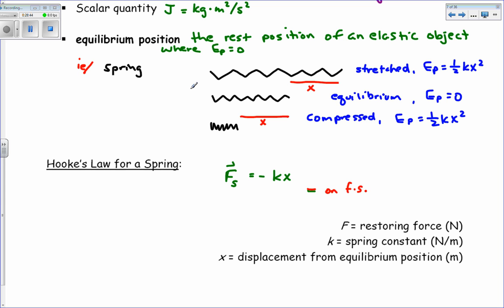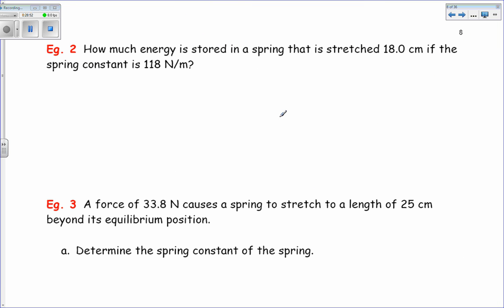Okay, so now we'll just do a couple examples using those formulas. How much energy is stored in a spring that is stretched 18 centimeters if the spring constant is 118 newtons per meter? So x is 18 centimeters, which is 0.180 meters. k is 118 newtons per meter, and we want to know potential energy.